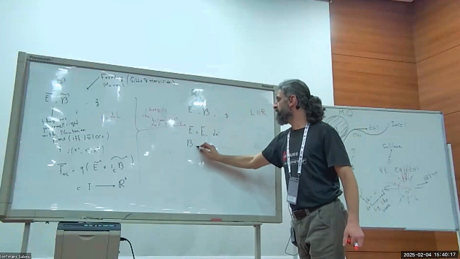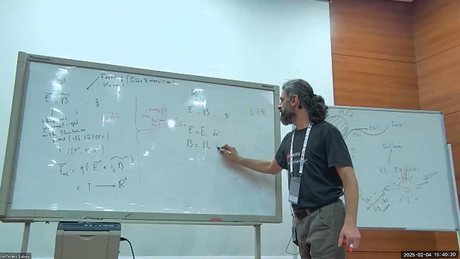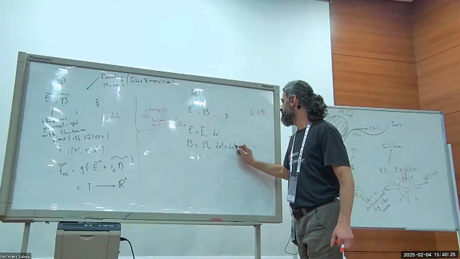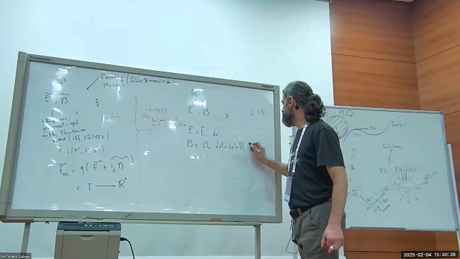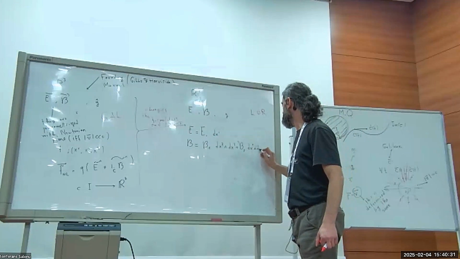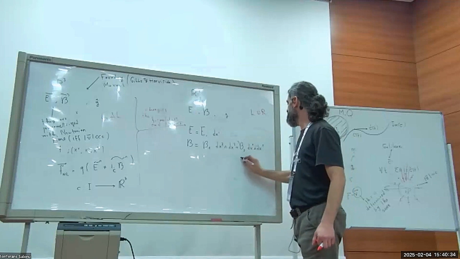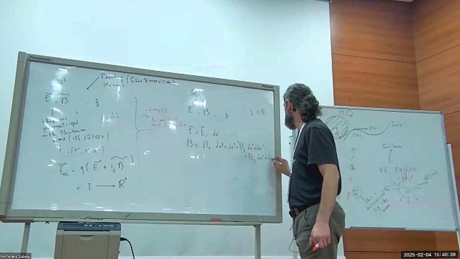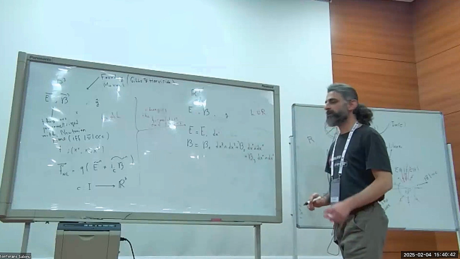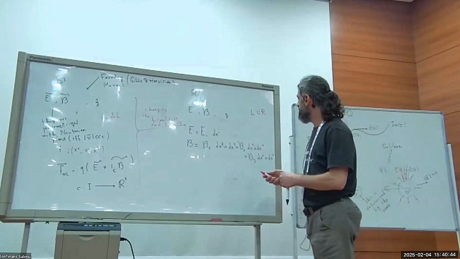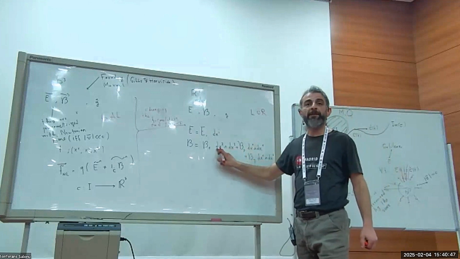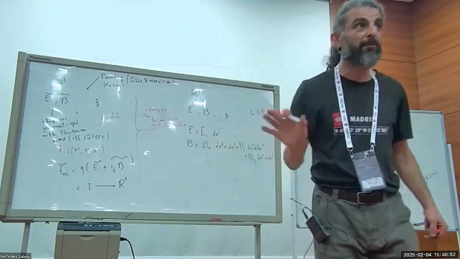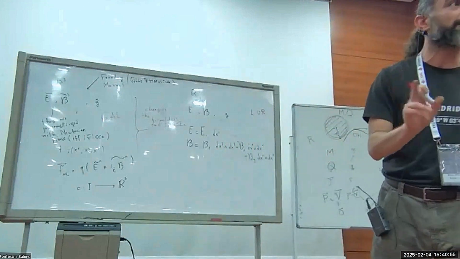Now B is also like this, B1 dx2 wedge dx3 plus B2 dx3 wedge dx1 plus B3 dx1 wedge dx2. Now, note that these are partial derivatives, but belonging to the differential structure of a four-dimensional manifold, not a three-dimensional manifold anymore.